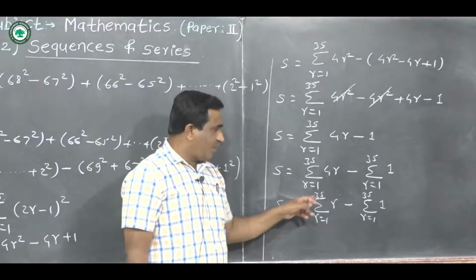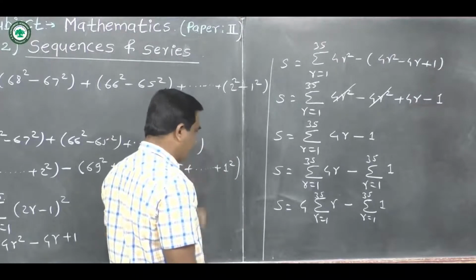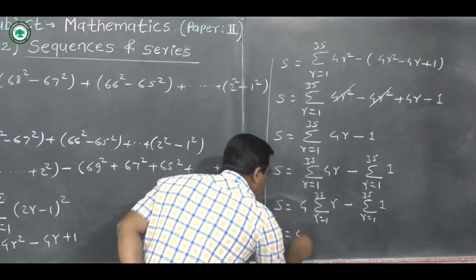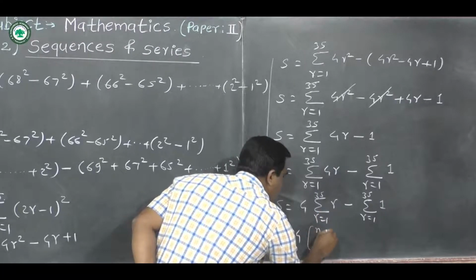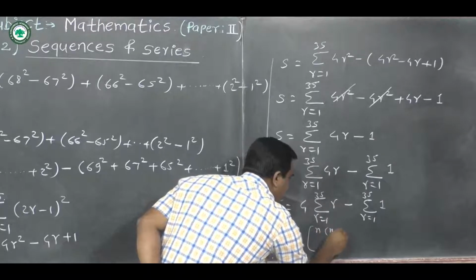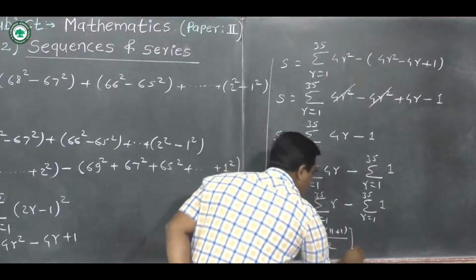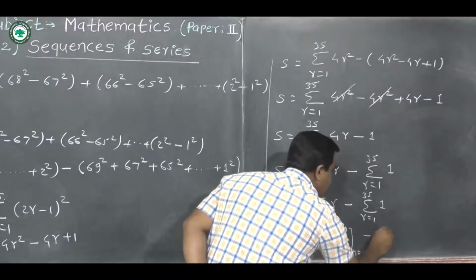But here value of n is 35. Using this formula, we can write here S is equal to 4 into n plus 1 upon 2. Here n is equal to 35 minus here 35.